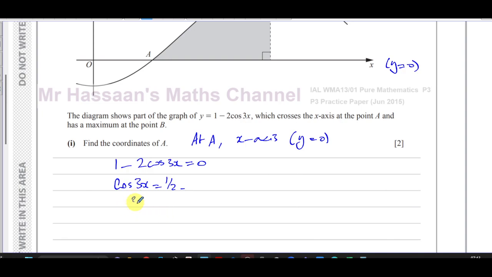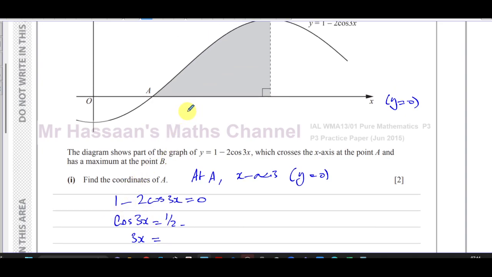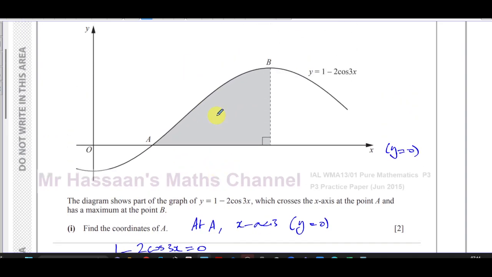So I say inverse cosine of a half. Now my answer here can be in degrees or in radians. I know eventually I'm going to find the area under the curve, which will of course involve integration. When you're dealing with integration or differentiation and trig functions, you must always work in radians.